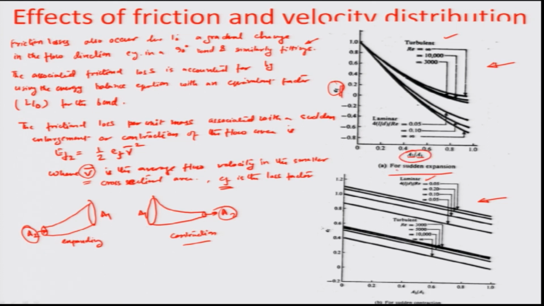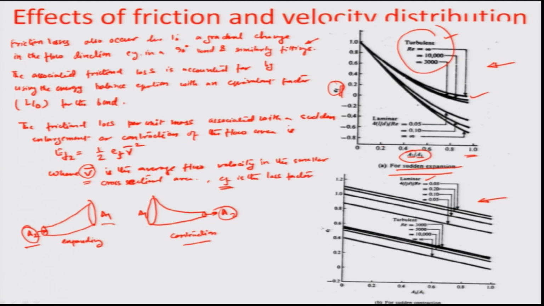So for the sudden expansion case, as you can see, there is a regime corresponding to the turbulent Reynolds number of 3000 and above, and EF is plotted as a function of the area ratio A2 by A1. For sudden expansion, A2 is the entrance area and A1 is the discharge area, and therefore A2 by A1 can be a maximum of 1, and otherwise it is less than 1.